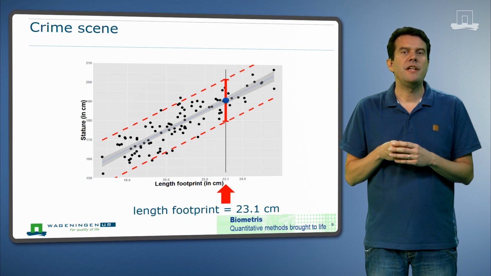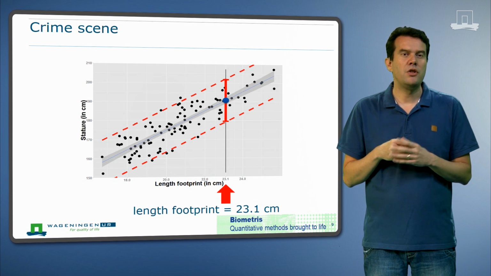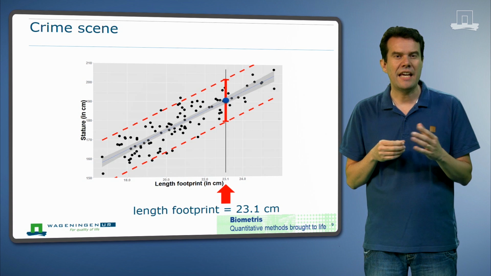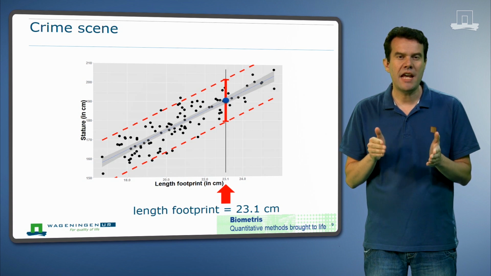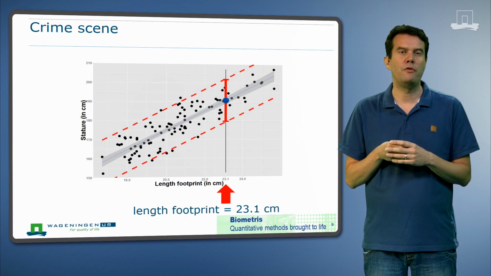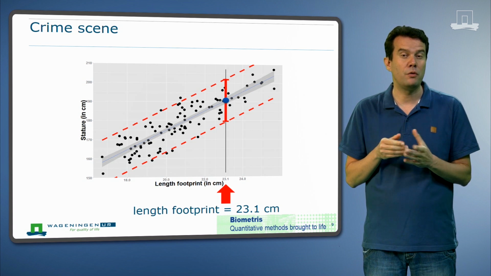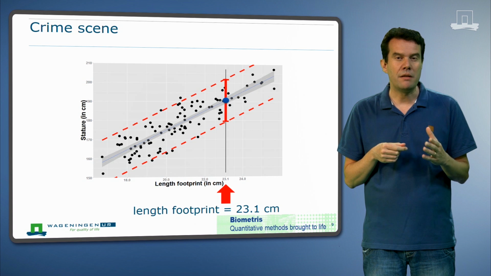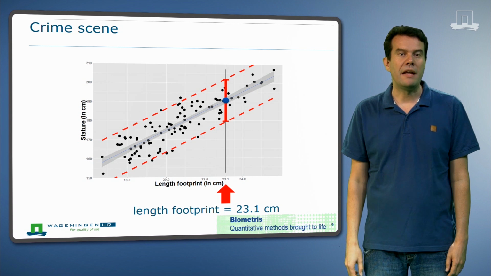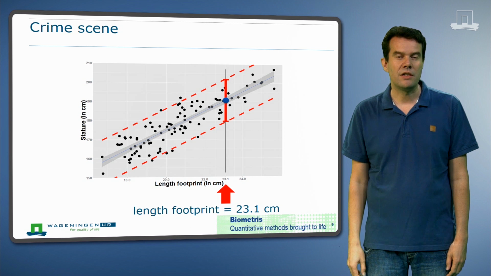Suppose we want to have a prediction of the stature belonging to a person whose footprint length is 23.1 centimeters. The predicted value, indicated by the blue dot, is the same as the expected value. We actually predict stature of a person with a footprint length of 23.1 centimeters by the mean stature of all people in the population with footprint length 23.1 centimeters.